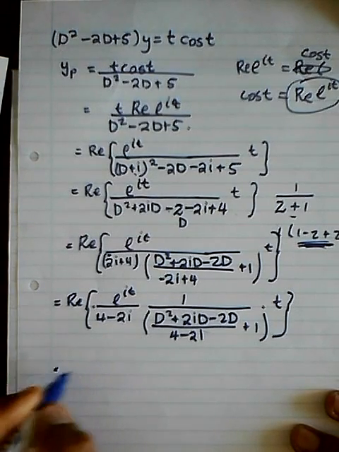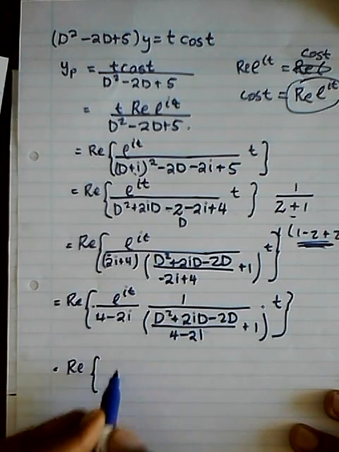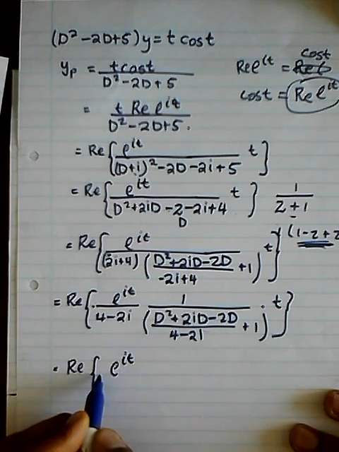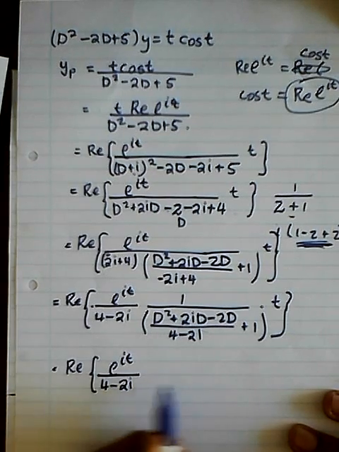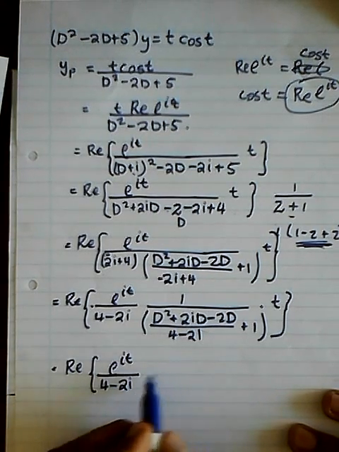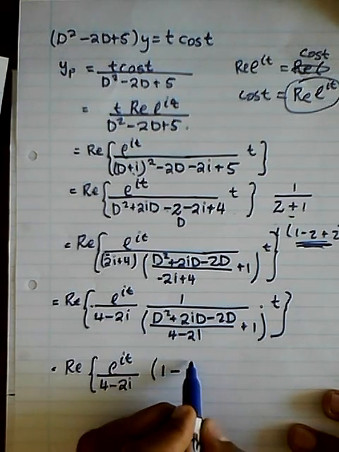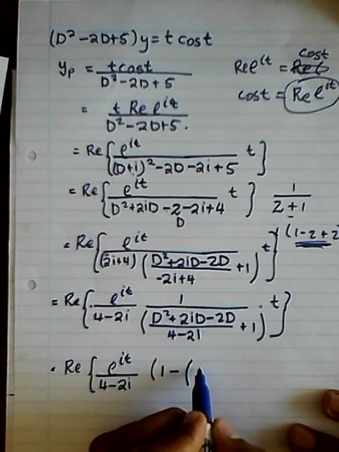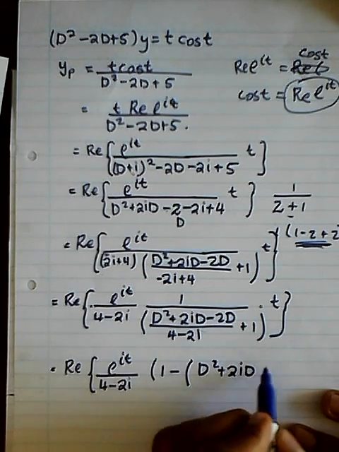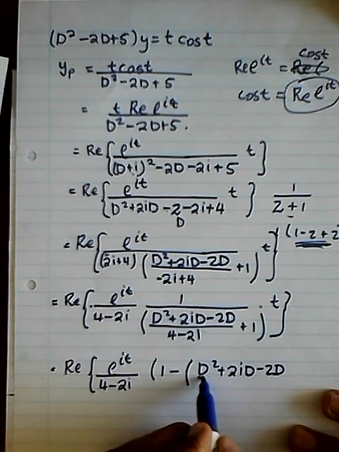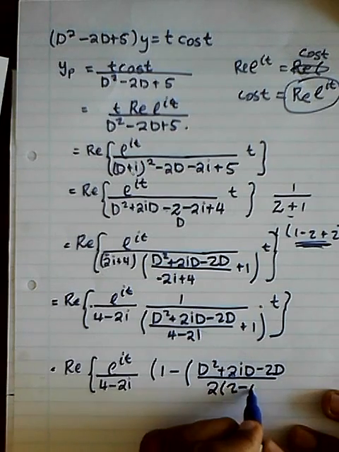So we're going to have the real part of e to the power of it divided by 4 minus 2i, and then we're going to multiply that by 1 minus d squared plus 2id minus 2d divided by 2 multiplied by 2 minus i.